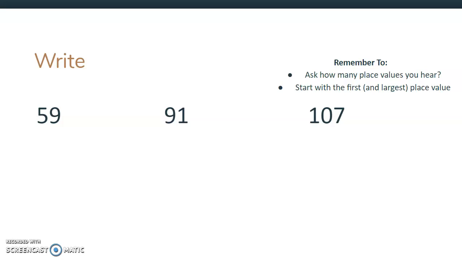Go back to after 107 came 261. Let's check your answer. That is the number 261. Next, 375. Check your answer. Is that what you wrote?